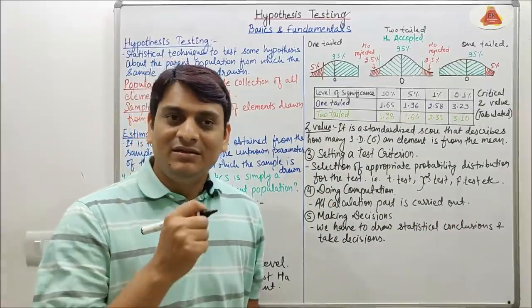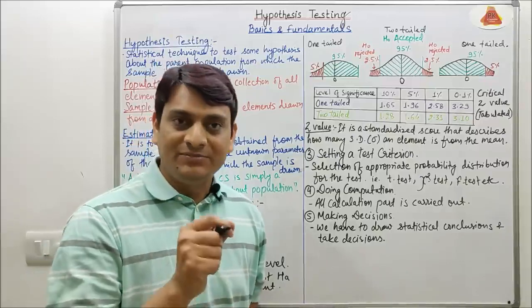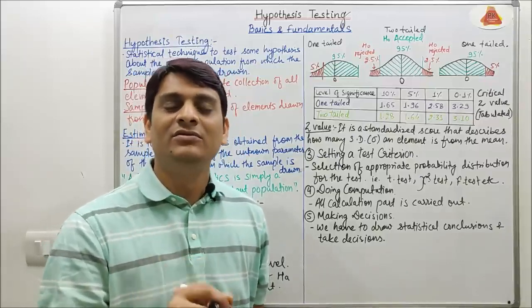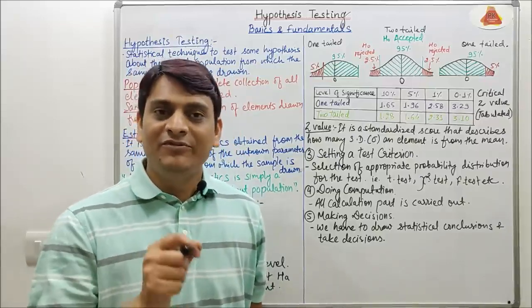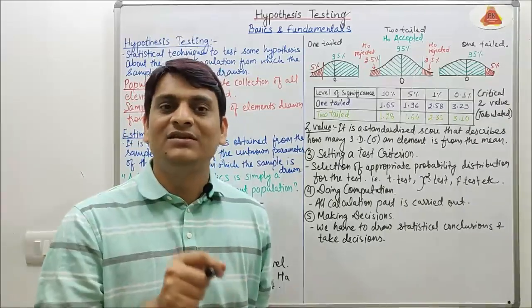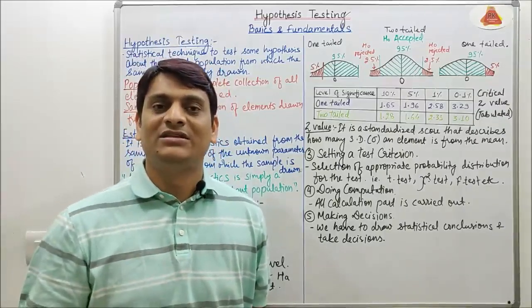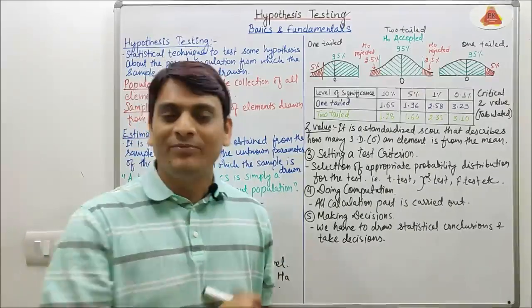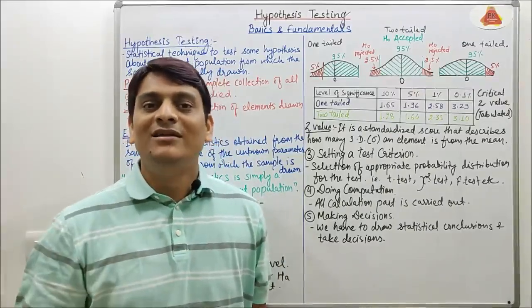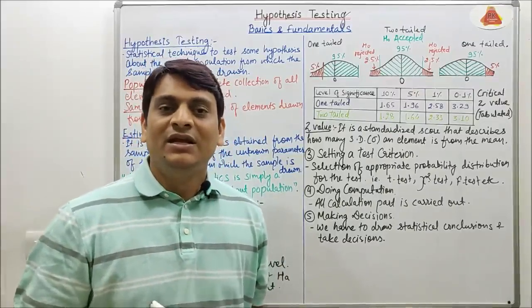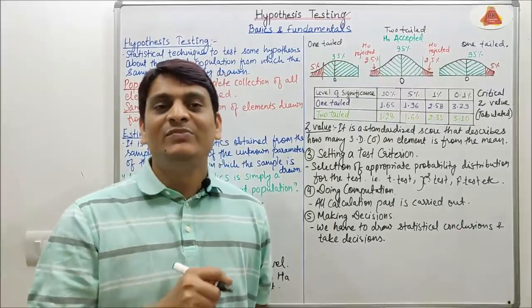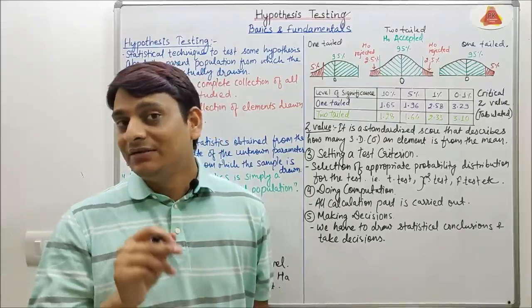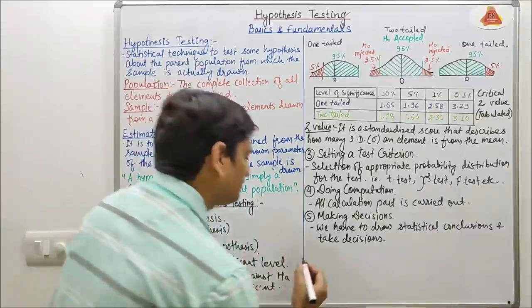In this step, we have to draw the statistical conclusions and take the decisions. During this decision taking, either we have to accept the null hypothesis or reject the null hypothesis. If we accept the null hypothesis, then we have to reject the alternative hypothesis. If we reject the null hypothesis, then we have to accept the alternative hypothesis. During this decision making, two types of error may occur, like this.